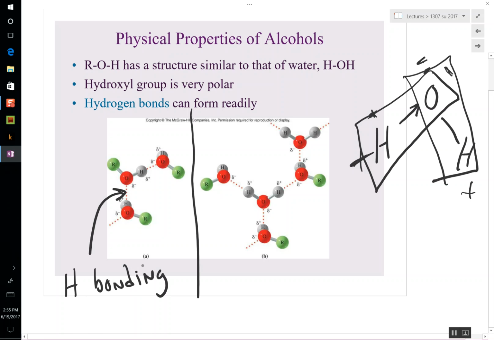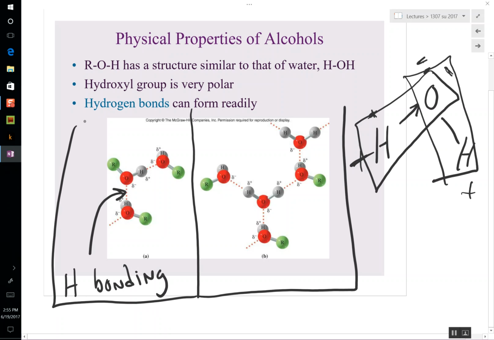Now what we've got on the other side, just think of this as another container over here. So we've got two containers. Here we've got an alcohol and water. So we throw water into the alcohol. What do we find? Water is made up of OH polar bonds, and the same thing happens.